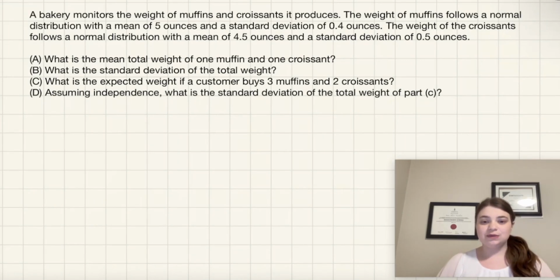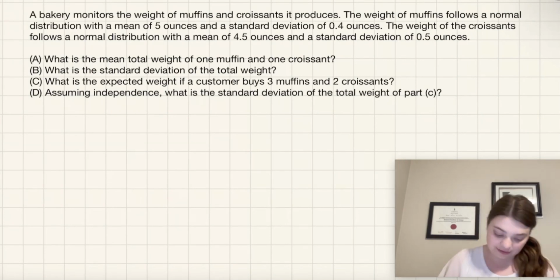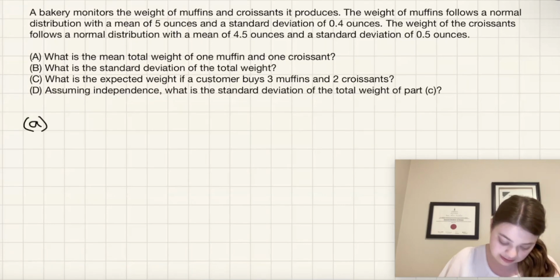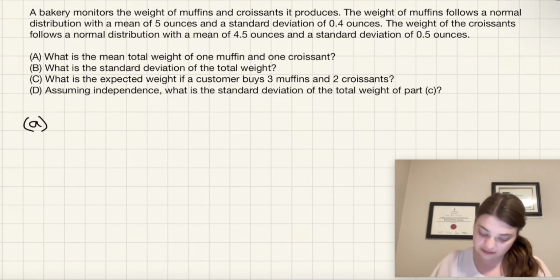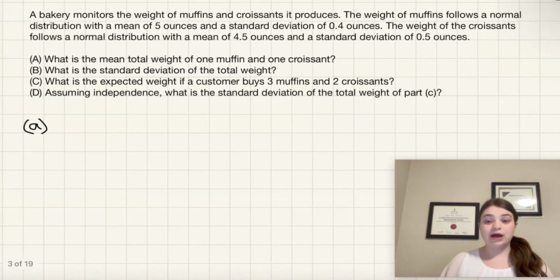Okay, so in this case, we know that the mean of a muffin is 5 ounces, and the mean of a croissant is 4.5 ounces. And so actually, all we have to do to find the answer to this first part is add those two things together, right?